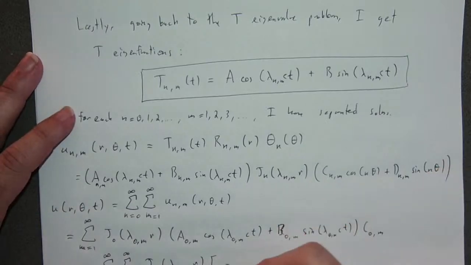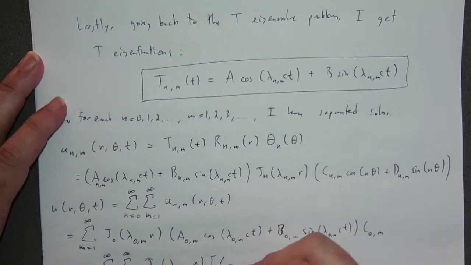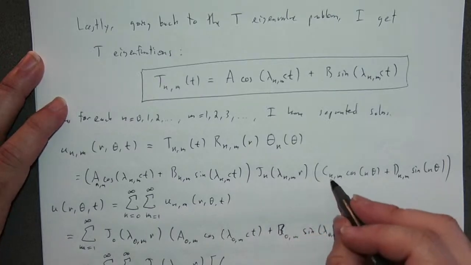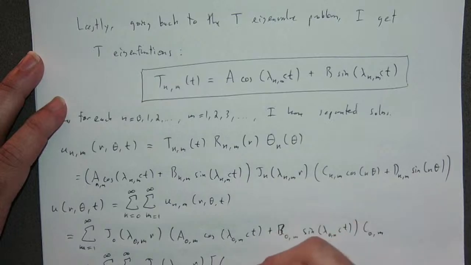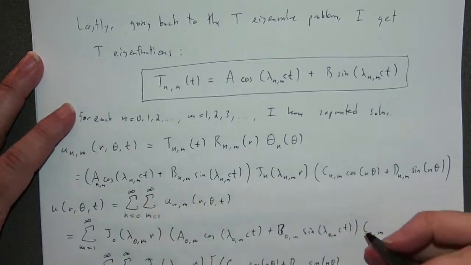So you could view it as, I'm going to write it like this, c sub nm cosine of n theta plus d sub nm sine of n theta distributed on the first term.